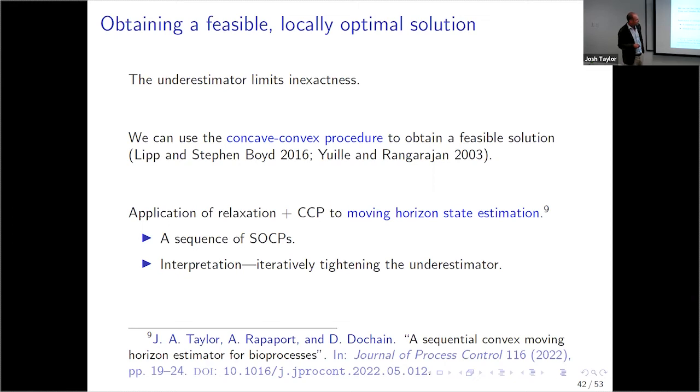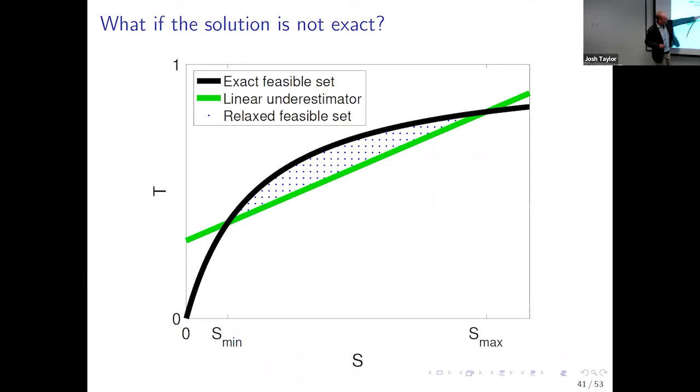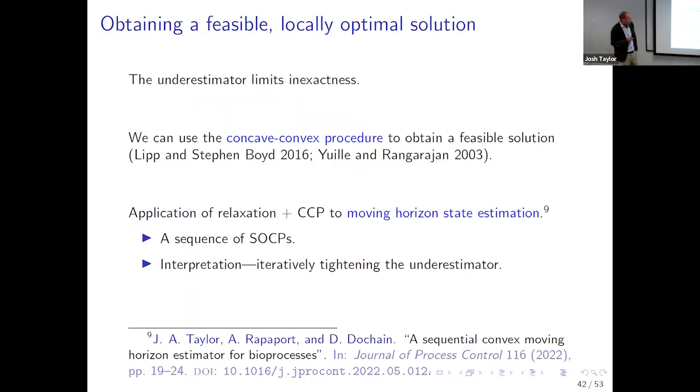This is again the convex concave procedure, and the interpretation of each step of this iterative algorithm is actually just taking this line and iteratively raising it until it just makes contact at a point. And that point where it's tangent is your feasible, potentially locally optimal, but still feasible solution.